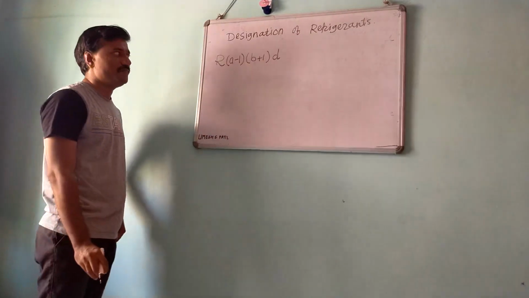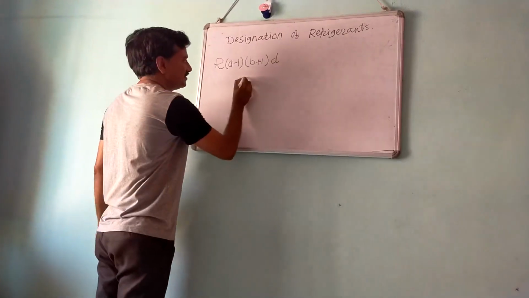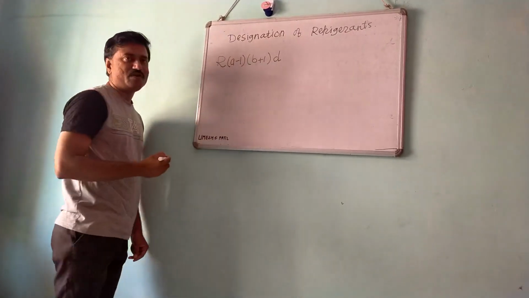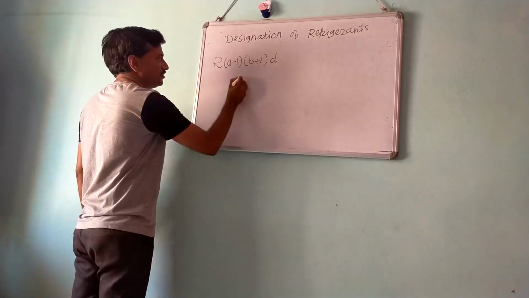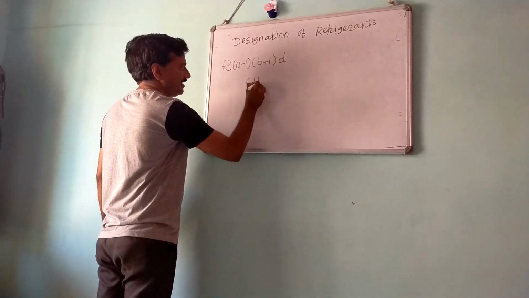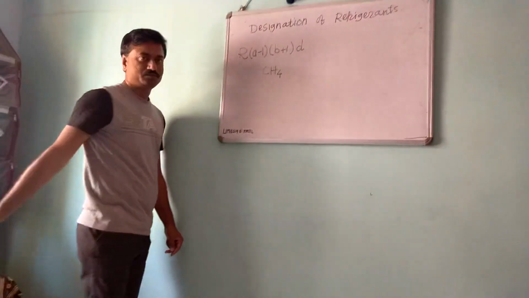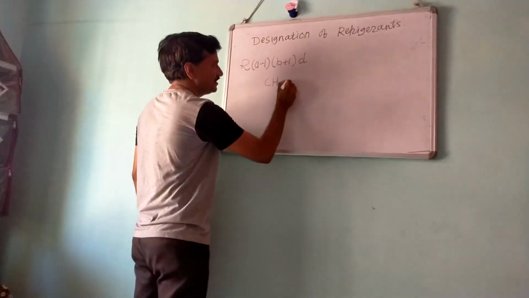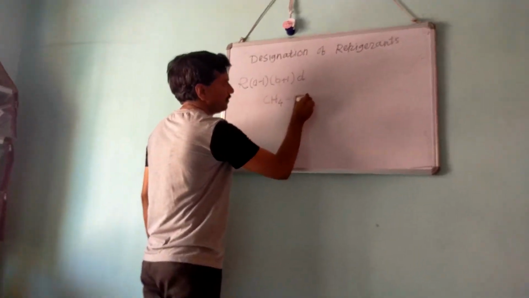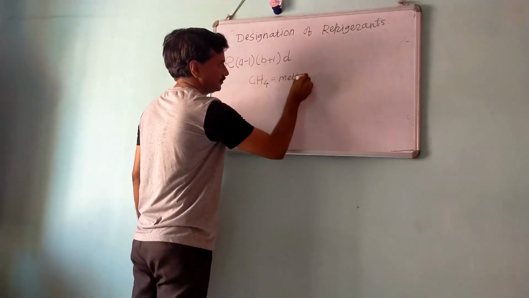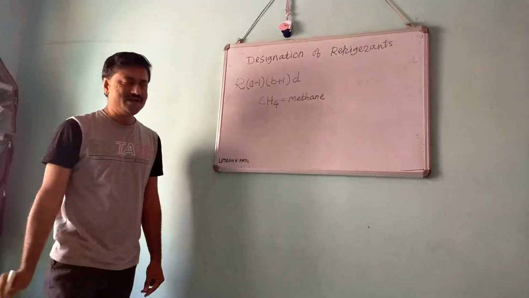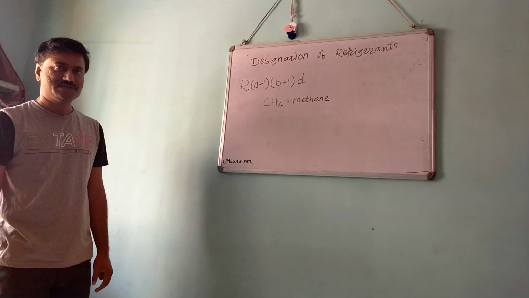Okay, let's take an example. Let's take an example of a hydrocarbon refrigerant. The chemical formula is CH4, and we know CH4 is nothing but methane. Its chemical name is methane, and the chemical formula is CH4.